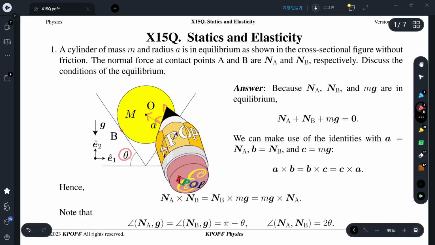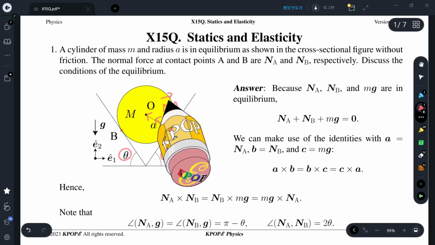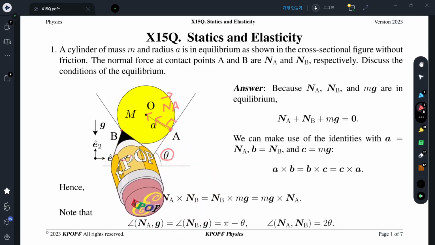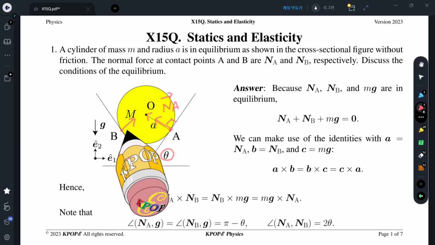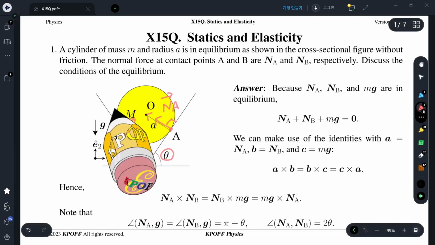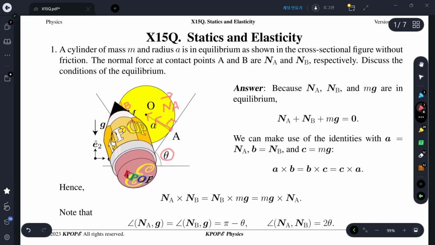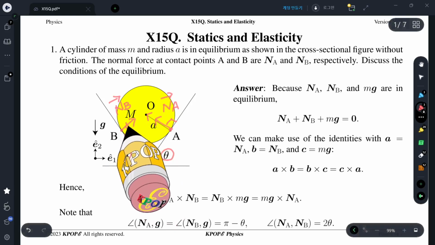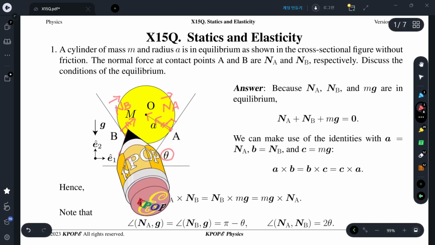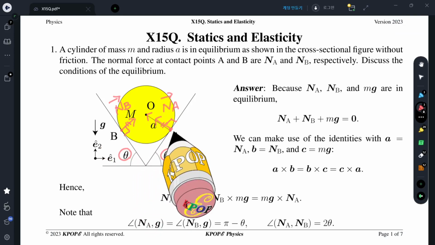So there should be a normal force applied in here, and another normal force that is symmetric on the left-hand side, with the subscript B. It should be the same in magnitude and make a right angle with respect to the slope.